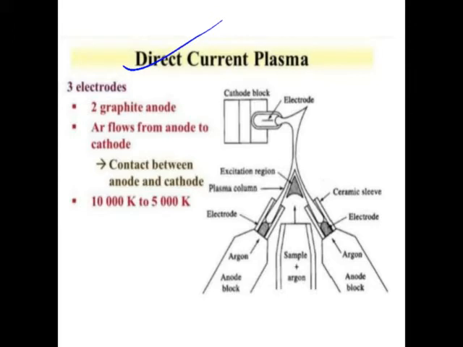So what is direct current plasma? It is a type of plasma source used for atomic emission spectroscopy that utilizes three electrodes to produce the plasma stream.